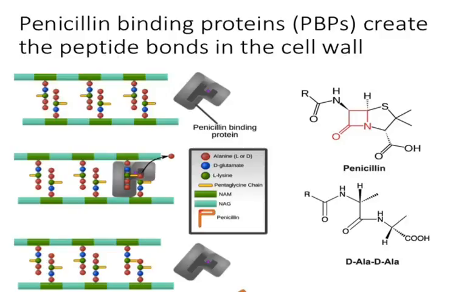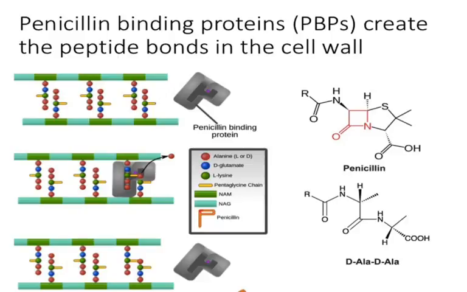So the penicillin binding proteins, their main function is to take these long peptide strands that form in between the polysaccharides and the peptidoglycan, and covalently bond them together. We talked about how cell walls have basically two forms of strength.